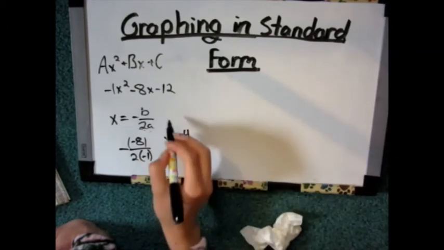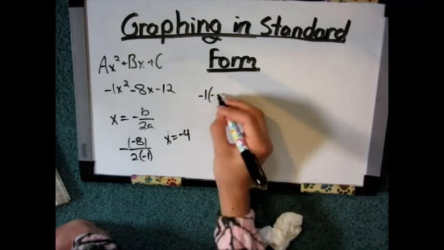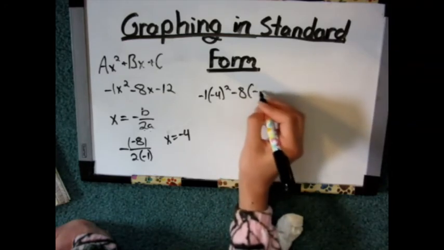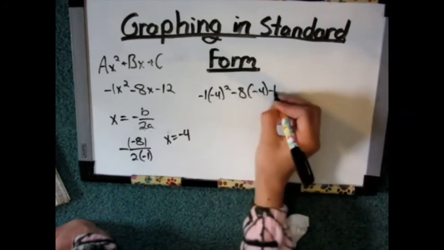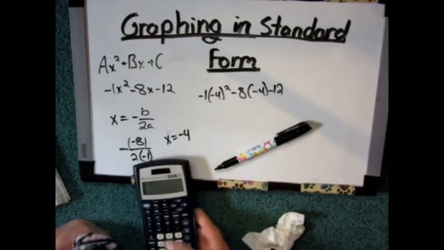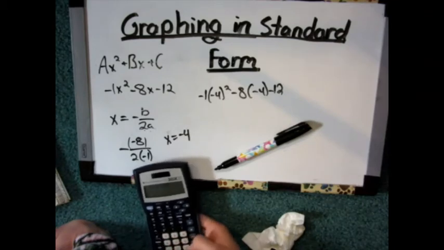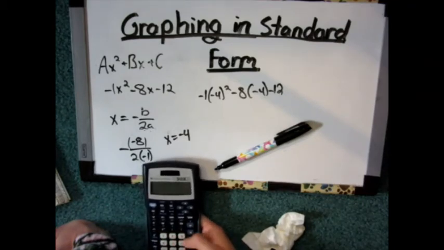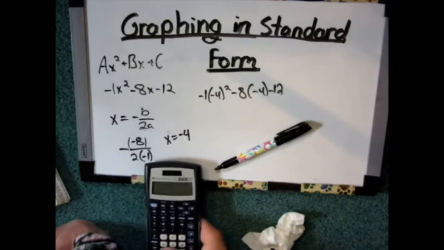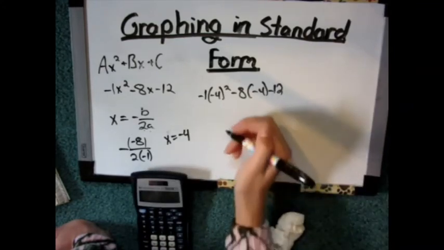And then you're just going to plug it into here again. Negative 1 times negative 4 squared minus 8 times negative 4 minus 12. Alright, and that gets me positive 4.